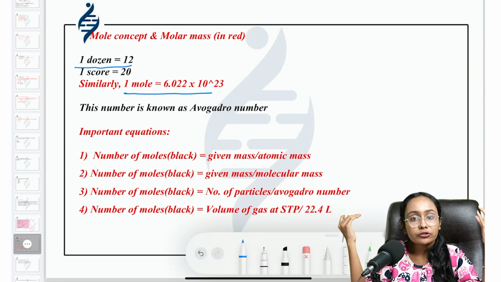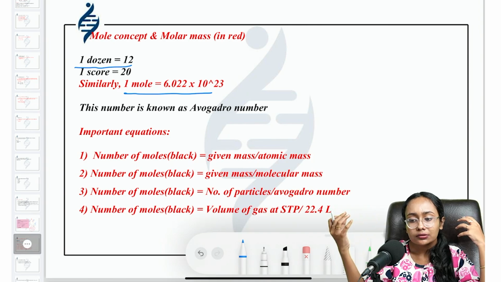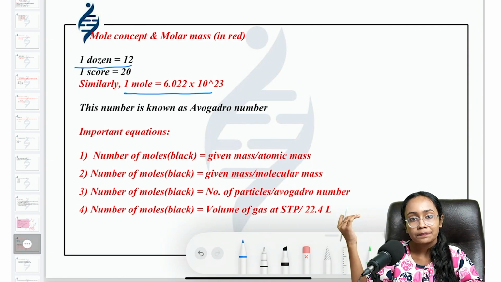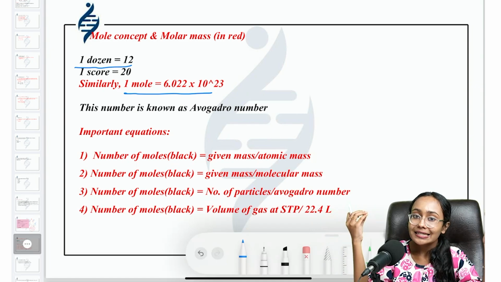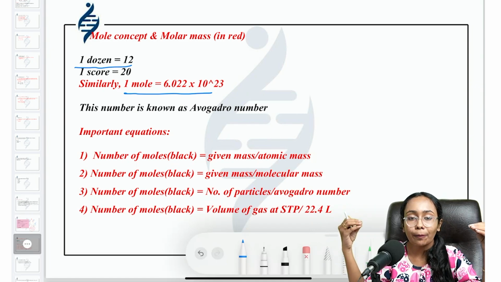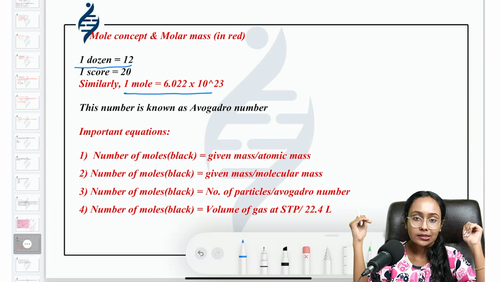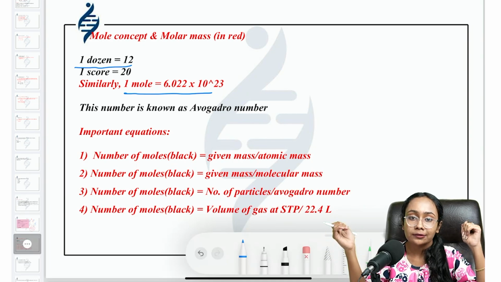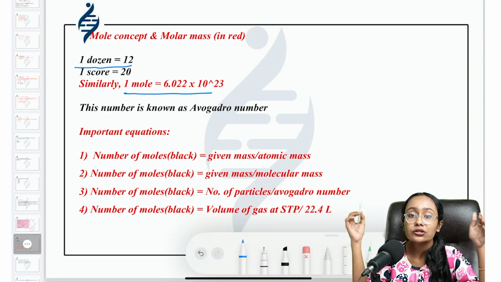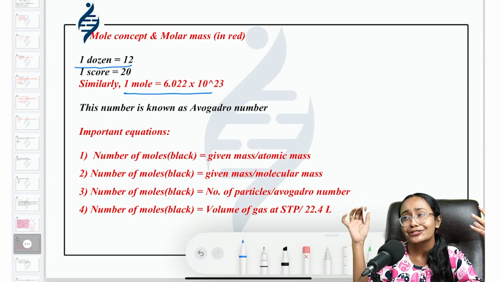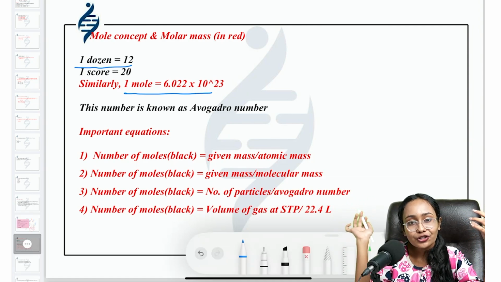All the macroscopic objects are counted like dozen, pair, score, etc. 12 means dozen, 2 means pair, 20 means score. Similarly, at the microscopic level, I use the term mole to represent 6.022 into 10 raised to 23 particles.